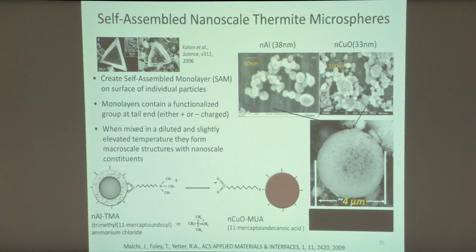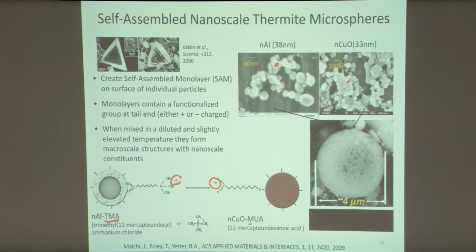In this particular case, we started off with nanoaluminum and nano copper oxide. The nanoaluminum was coated with TMA, the nano copper oxide was coated with MUA, and the tail ends of the ligands were oppositely functionalized. So one was charged positively and the other was charged negatively.